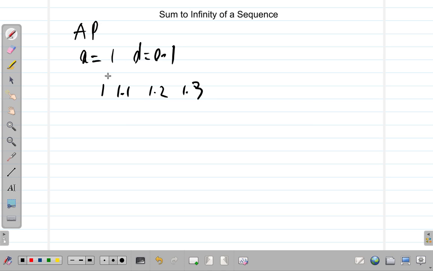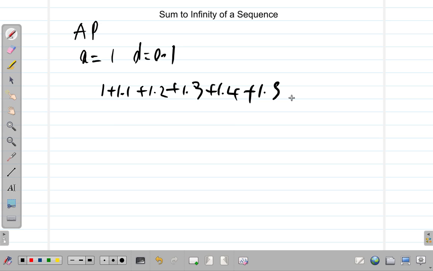So if you add 1 plus 1.1 plus 1.2 plus 1.3 plus 1.4 plus 1.5, because you keep adding 0.1: you add 0.1 to 1, you get 1.1. Add 0.1 to 1.1, you get 1.2, and so on. So these numbers themselves are approaching infinity, and you keep adding, and the number would get larger and larger.